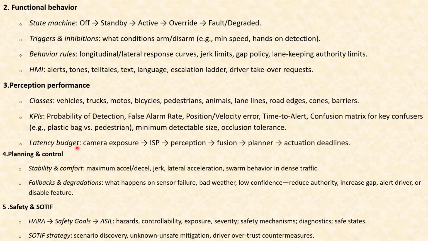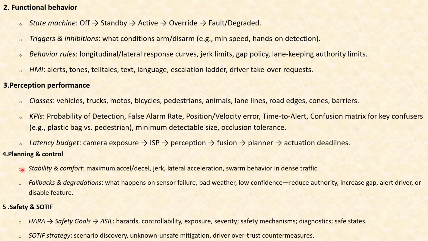Next is latency budget. When it comes to latency budget, what is the time lag between a camera exposure and the actual actuation deadline? How rapidly is the actuator taking the necessary action the moment the sensor is exposed?